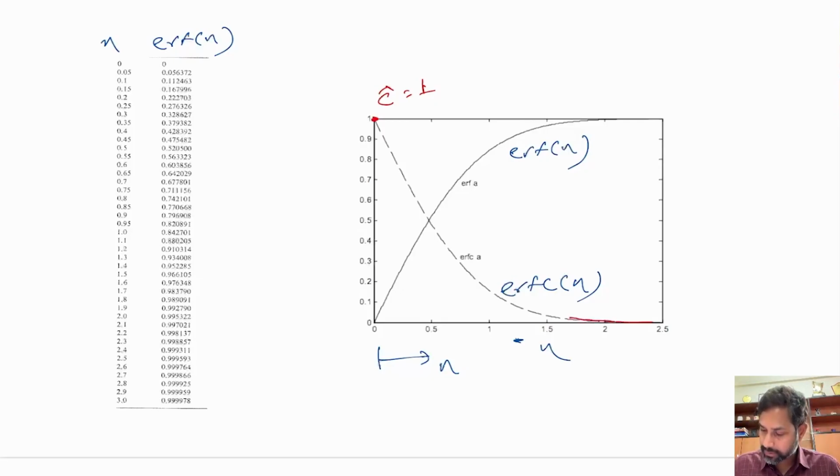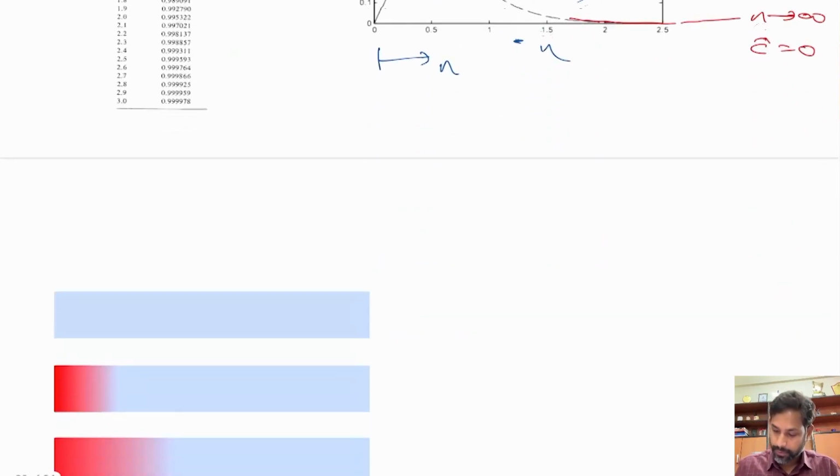This value is not really 0 at any point, it becomes 0 only as eta tends to infinity. So it decreases slowly, and asymptotically it becomes 0. It's not exactly 0 at any particular location. Alright, so this is the solution we have got for diffusion of salt in porous media from one end.